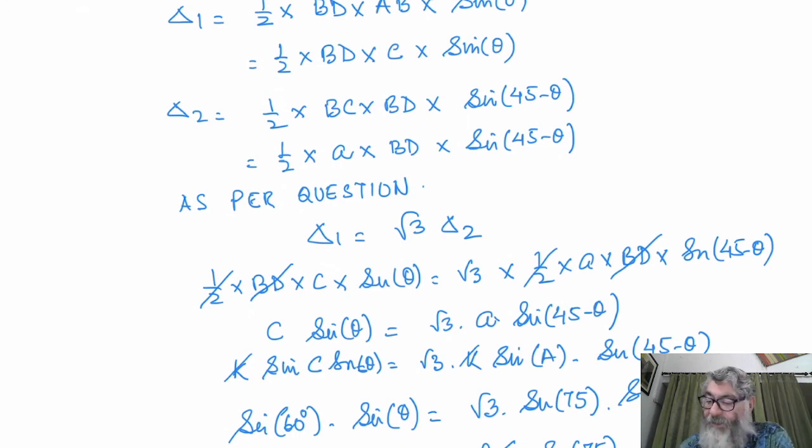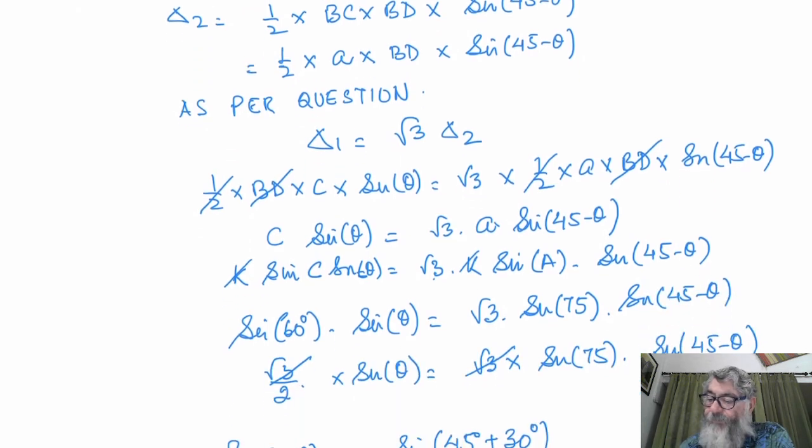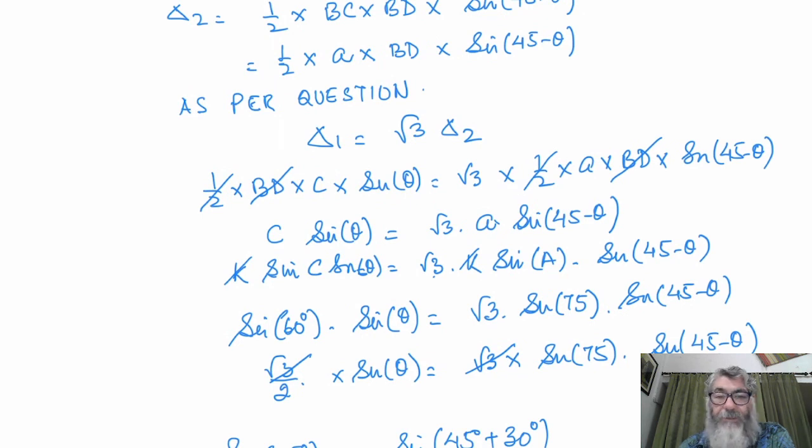So sine C, C is 60. Sine 60 into sine theta is equal to root 3 into sine A, A is 75, sine 75 into sine 45 minus theta. Sine 60 is root 3 upon 2, we know the value. We are just copying the question.